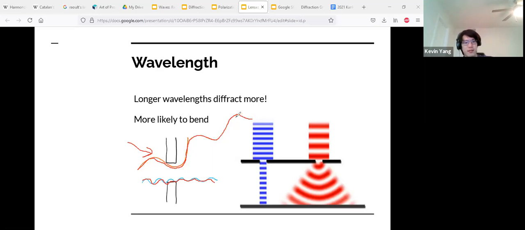All right, are there any questions about longer wavelengths and diffraction? So overall, red light, with its longer wavelength, is more likely to bend or diffract than shorter wavelengths, like blue light.